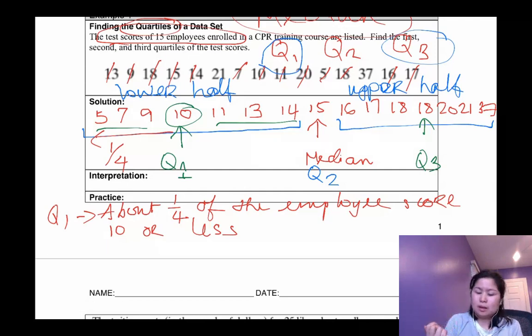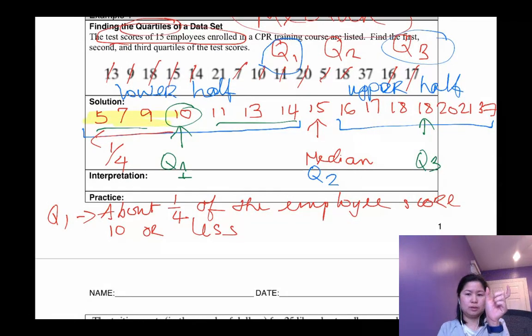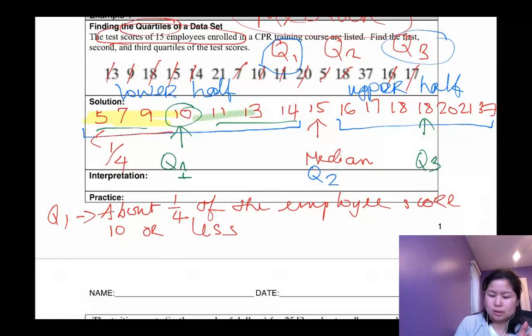It starts from 5 to 37, so if I split this up, it's going to be in 4 sets. If you look over here from 5 to 10, I'm going to highlight this, from here to here, that is the first quarter. If you split it into 4 equal segments, this is the second segment.